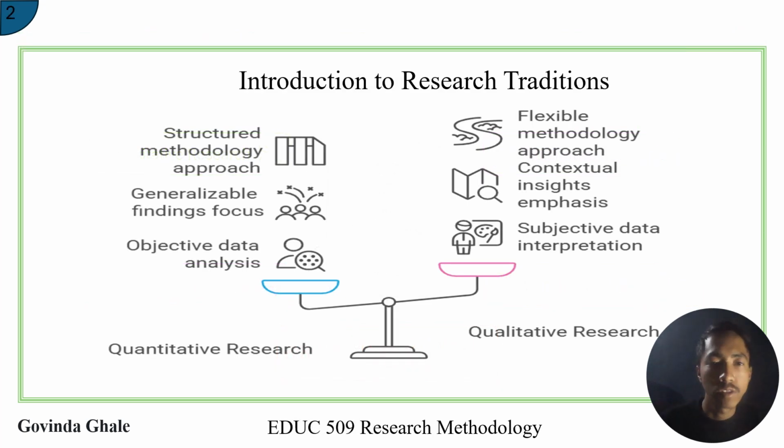First of all, introduction to research traditions. That means we can discuss mainly two research approaches. One is quantitative research, another is qualitative research. Quantitative research uses a structured methodology approach. It is focused on generalized findings.